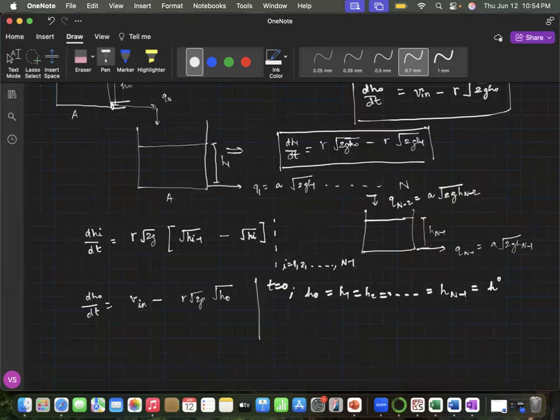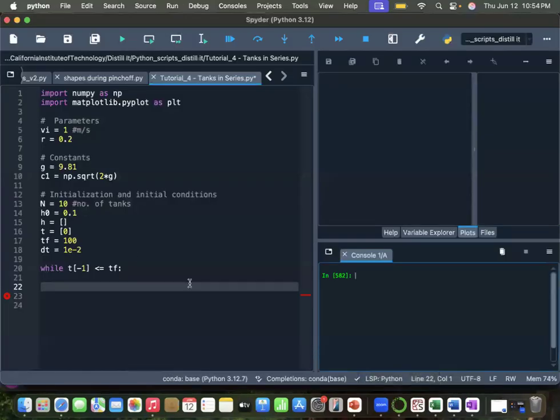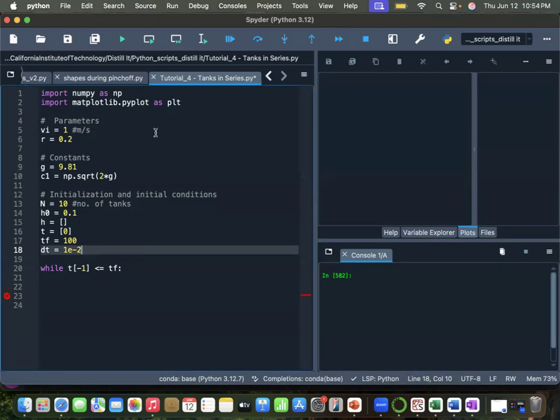So now that we've been able to set up the problem very well, let's go ahead and try to solve this using Python, right? So once again, I have got my libraries imported. I have got my parameters, which is, not the velocity, but the flow rate divided by area at the inlet.